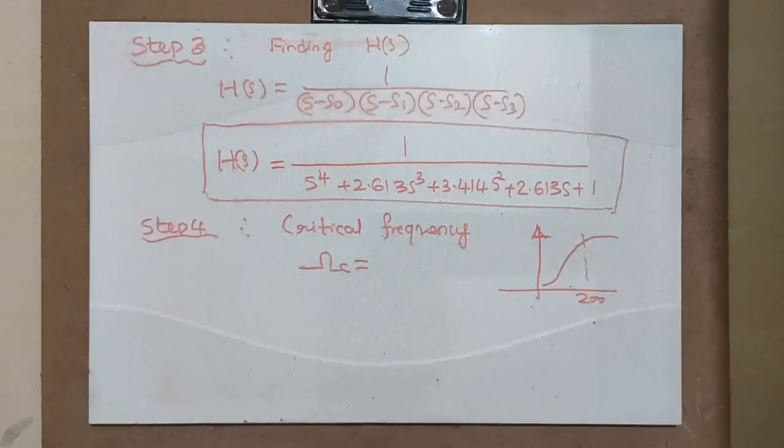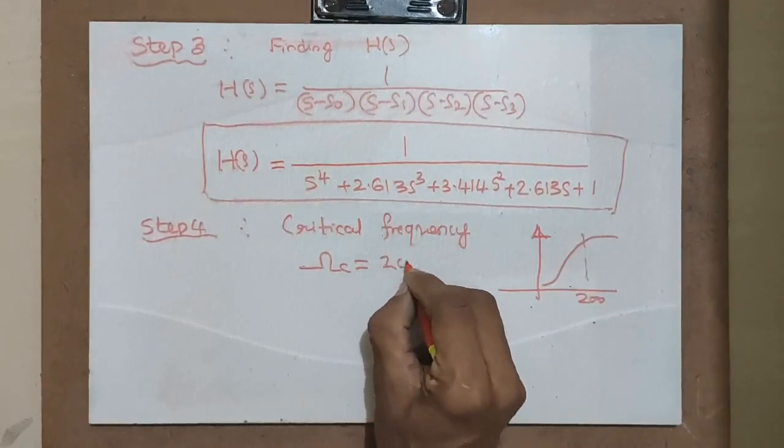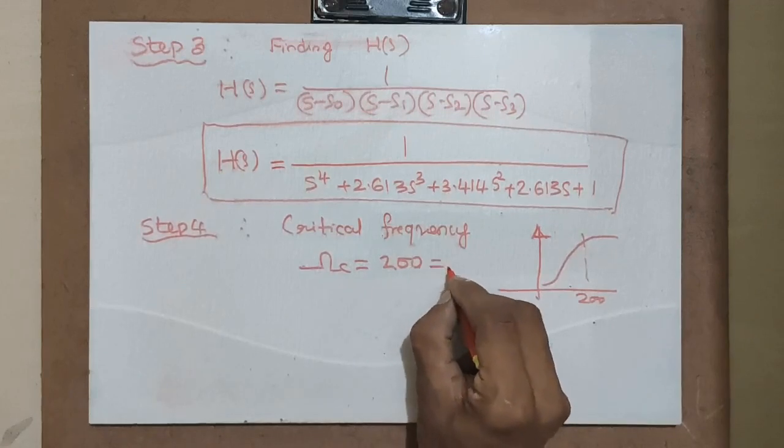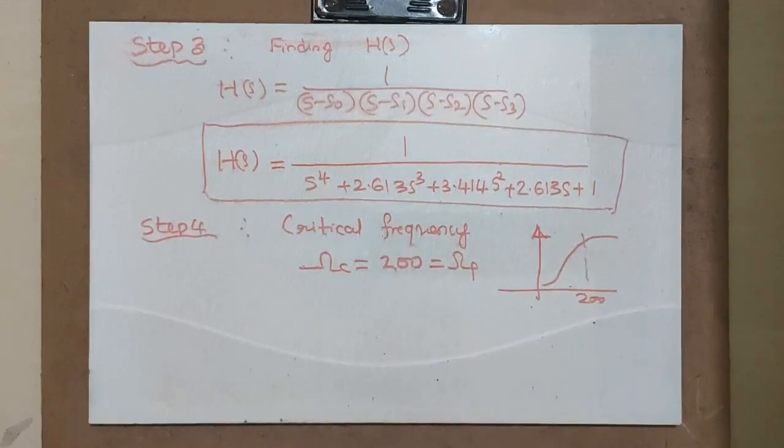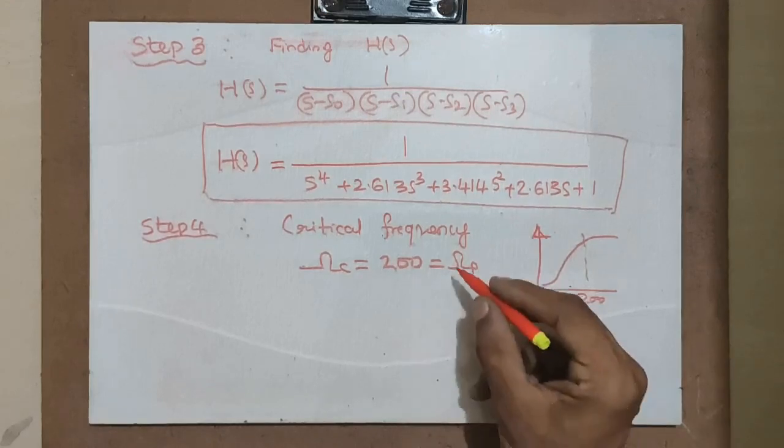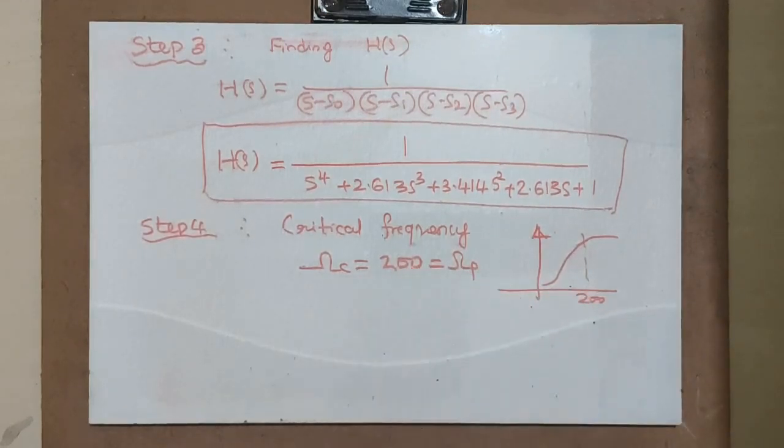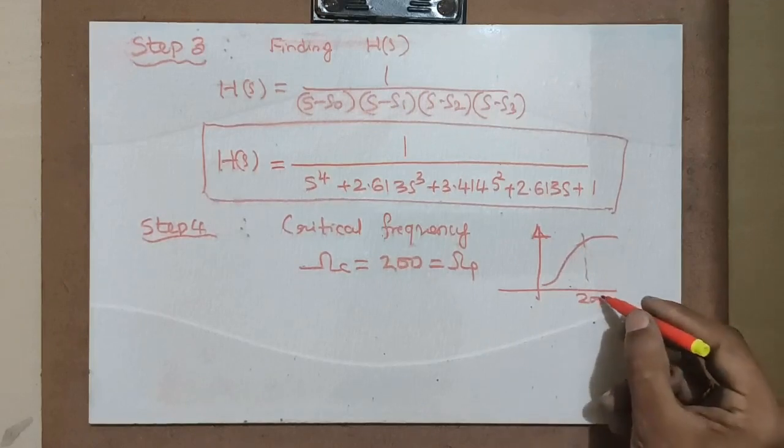Passband edge, that is 200 radians, whatever is there, that itself is taken as the critical frequency, which is equal to the passband edge. Hence, the critical frequency is found. No need to do any calculations at this step.